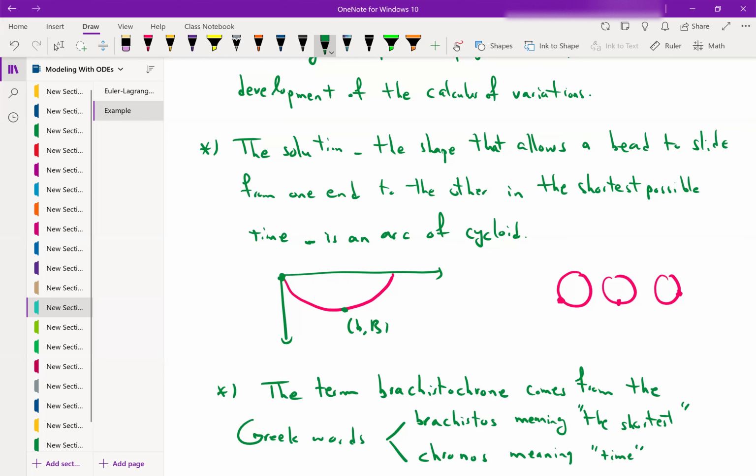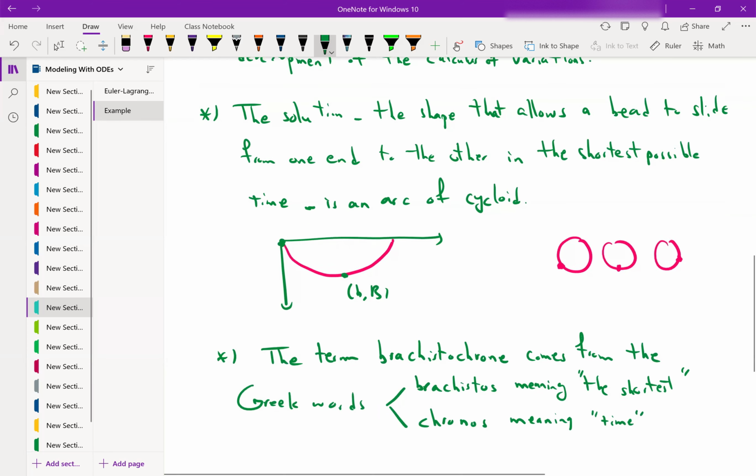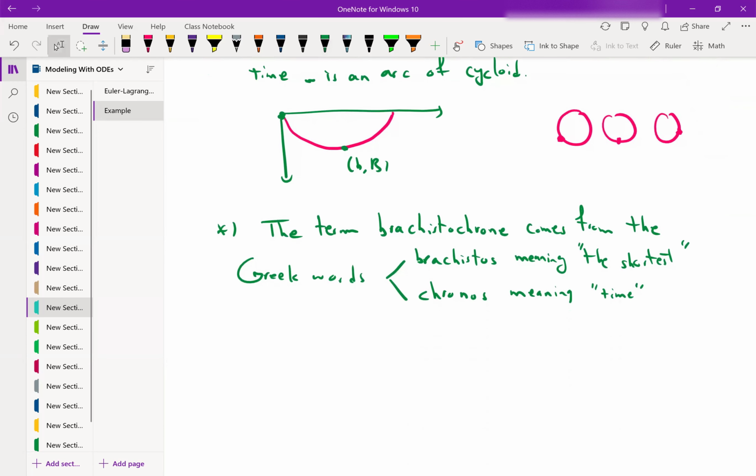So now that I made my comments, let's actually see how an ODE comes into play when we want to solve this problem. Among all the curves that are connecting the origin, by curve here, I mean graph of a function that connects the origin to this point, little b, comma, big B, I'm looking for the curve that gives me the least amount of time for the journey.